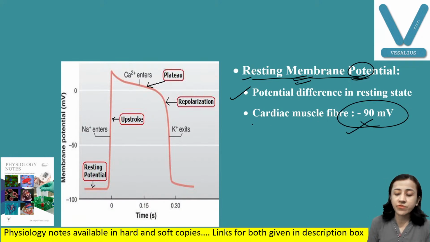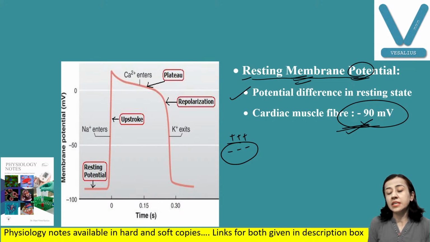What do you mean by minus 90 millivolt? It means negativity inside as compared to outside. Suppose this is one cardiac muscle: inside is negative, outside is positive. So this is minus 90 millivolt, because we place one electrode inside and the other outside for recording.